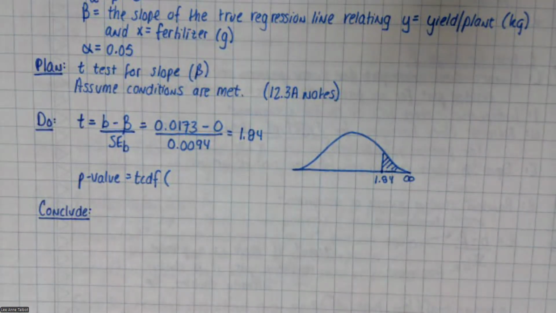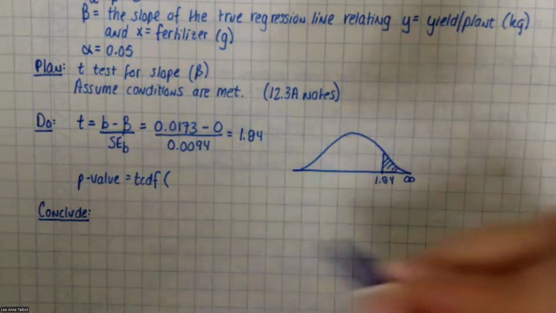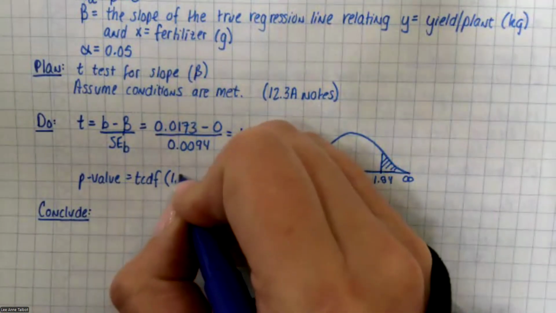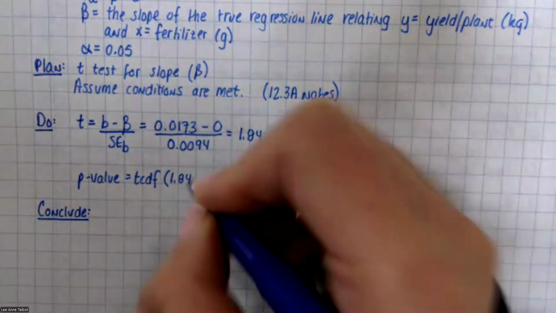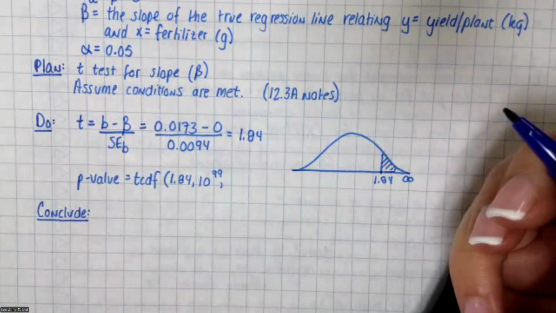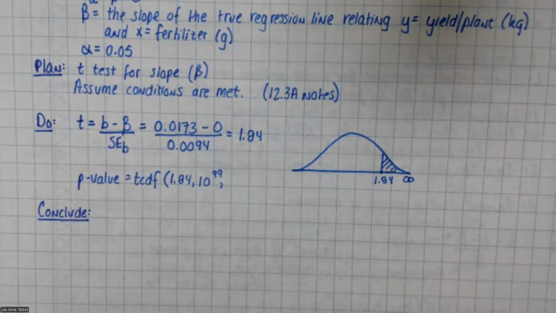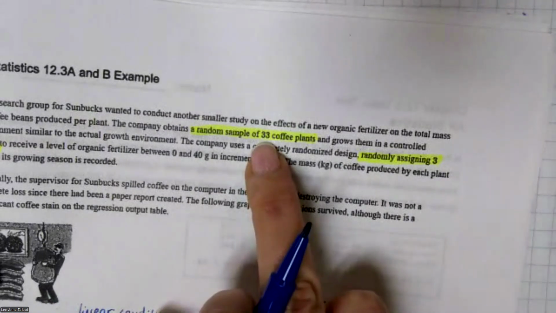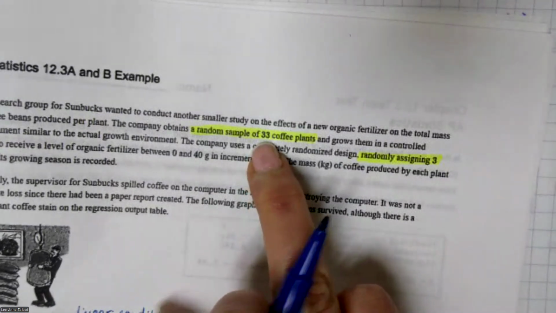Shade in the tail. What would the low and what would the high be then? The low is 1.84. The high is positive infinity. And how many degrees of freedom do we have in this problem? Anybody remember? It's, yeah, sample size minus 2, so 31.